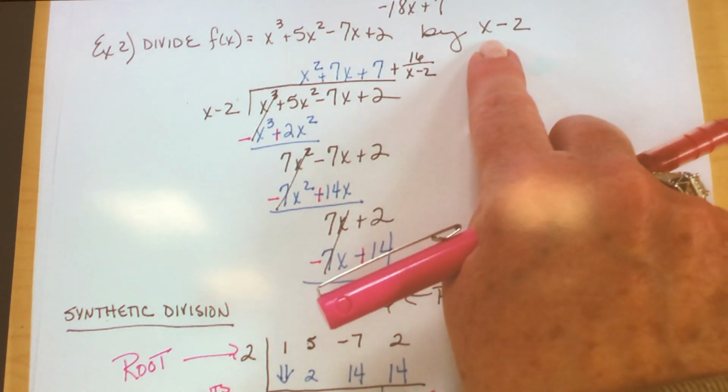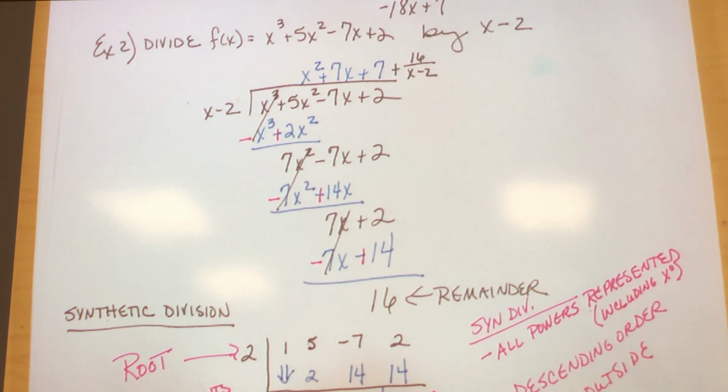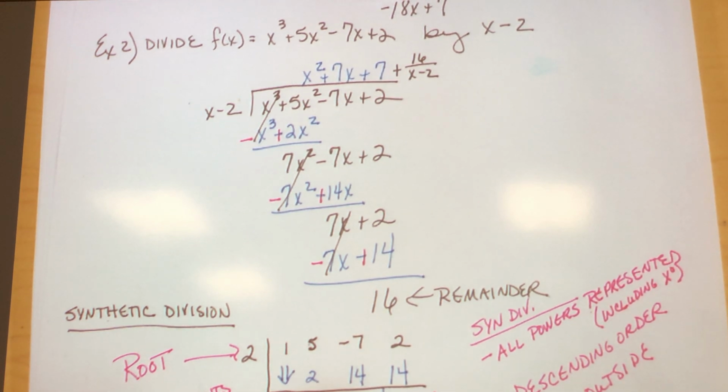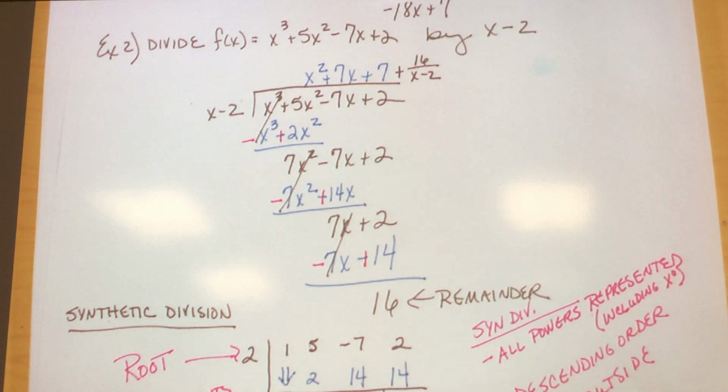Why? Because you're dividing by x minus something, so it reduces it down 1. So 1 degree less than the dividend, who is in the house, right? Here he's on the porch. All right, and that would be what you started with.